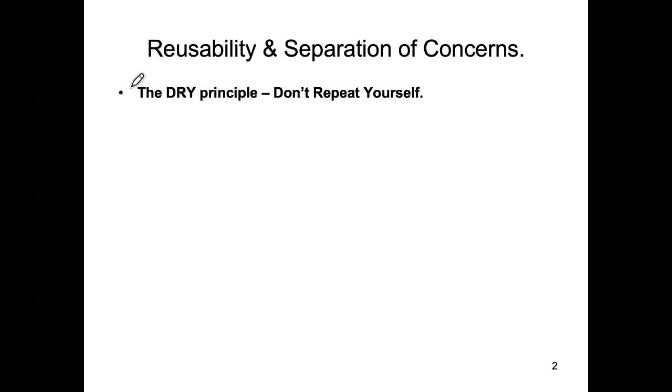Related to this is the DRY principle, where DRY stands for don't repeat yourself. The idea being that nowhere within the code base for a particular application should you have code that is repeated multiple times, albeit there may be slight differences between the repetitions.